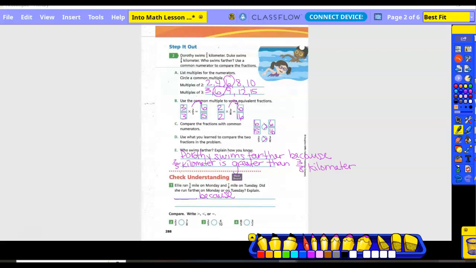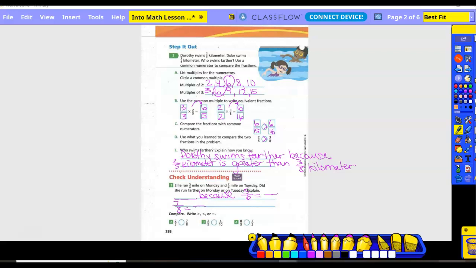All right, and this one, I think it would be the denominator that would be the easiest. Okay, so we need to say 5/6 equals something with our new denominator, right? And then 7/8 equals something with our new denominator.